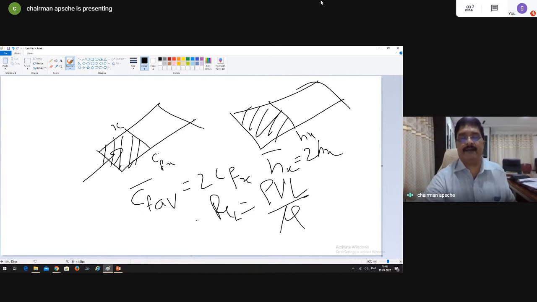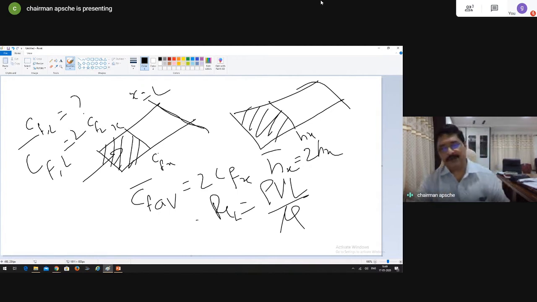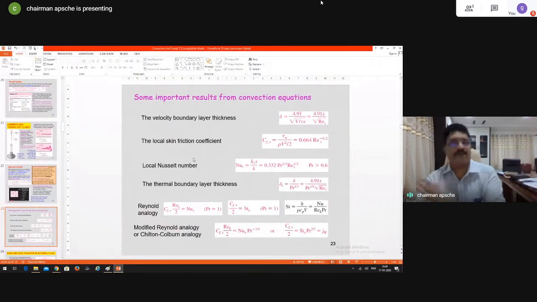Whenever you see Reynolds number, they indicate it with a suffix. Then the average skin friction will be 2 Cfx. That means you take the local value and multiply it with 2 to get the average for flow over a flat plate.